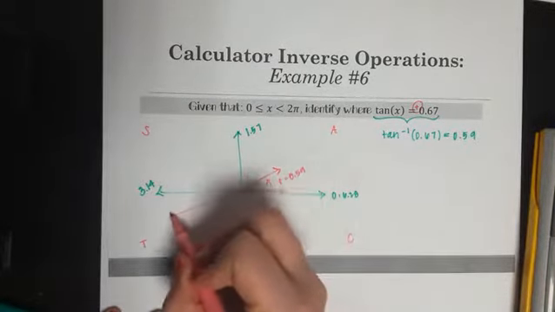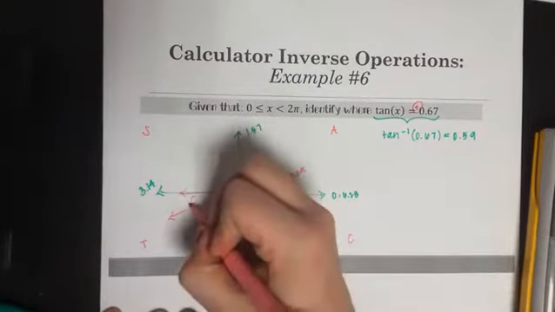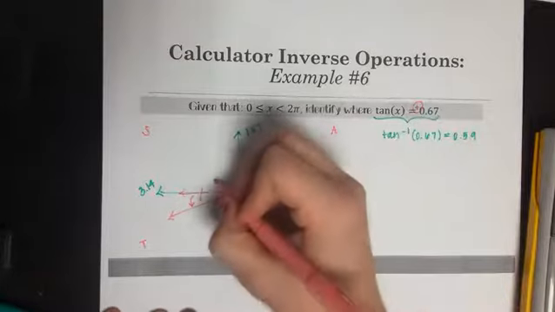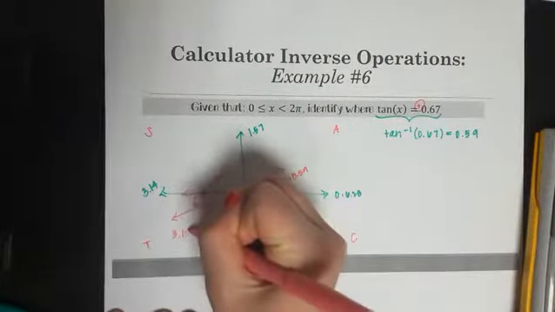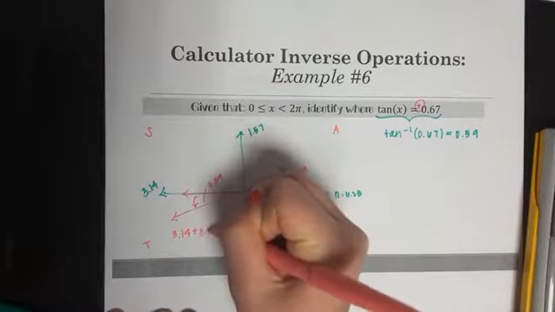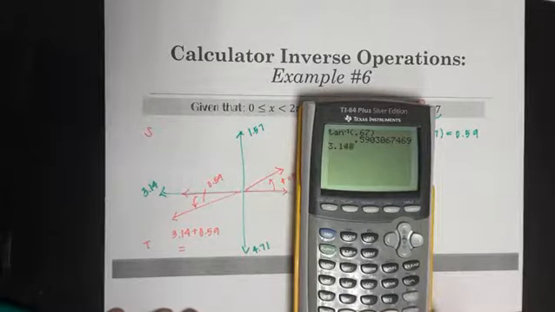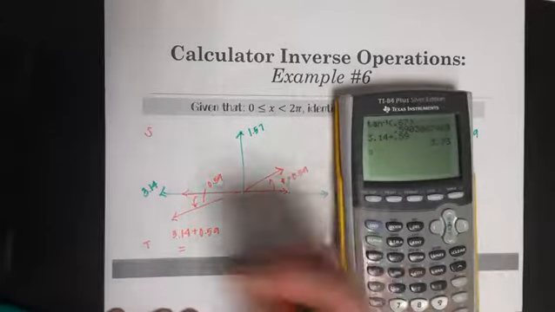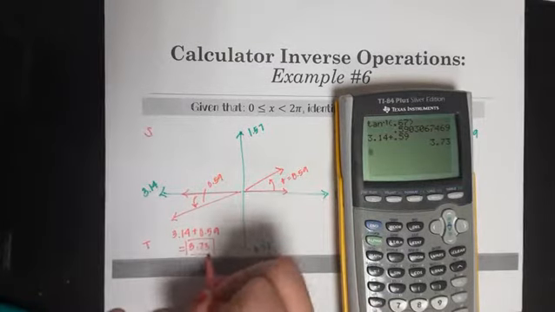So we'll take 3.14, because that's our value right here, and we just add our value of 0.59. That term will be 3.14 plus 0.59. If we plug that into our calculator, we get the value of 3.73.